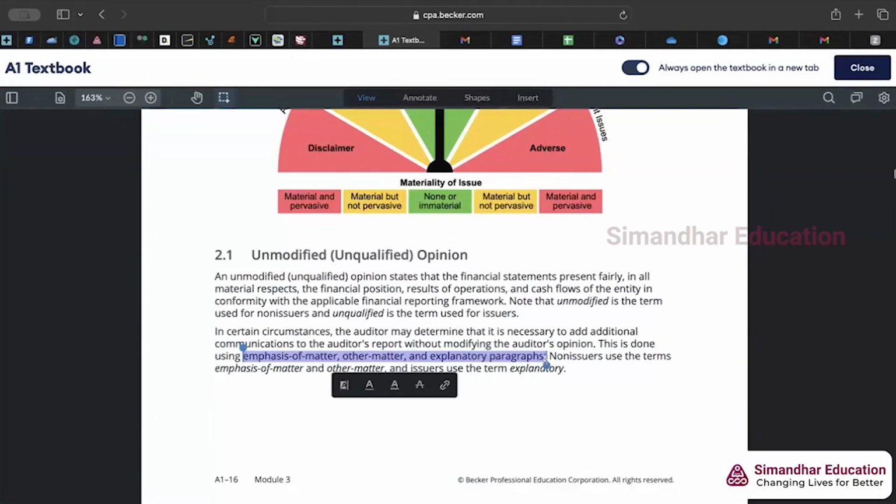You're still giving unmodified and unqualified opinion. Unmodified for non-issuers, unqualified for issuers. Non-issuers use emphasis of matter paragraph and issuers use explanatory paragraphs to give additional information which is relevant for users to understand the financial statements, but it does not change your opinion. Are we clear?